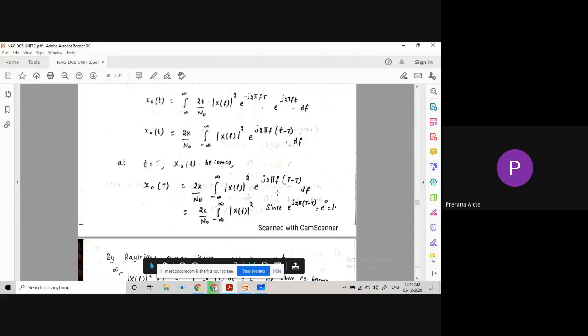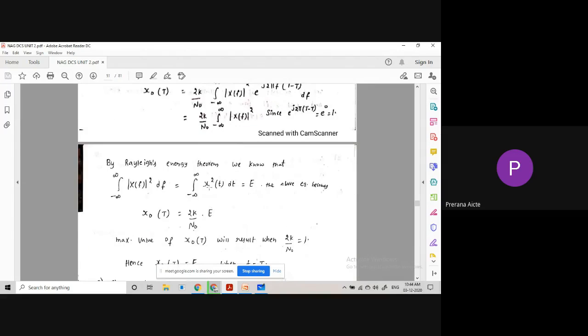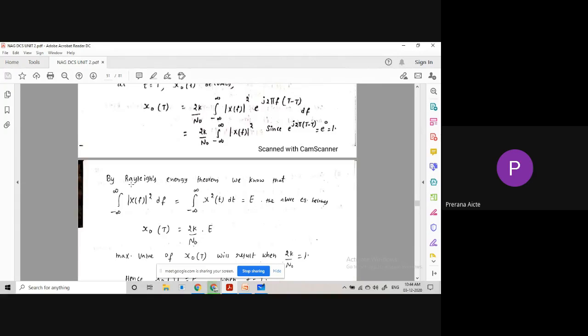This e power 0 has value 1. Again we take Rayleigh's energy theorem, that the continuous integral of mod X of f whole square is nothing but the energy of the signal E. So based on that, x naught of t equals 2K by N naught into E.